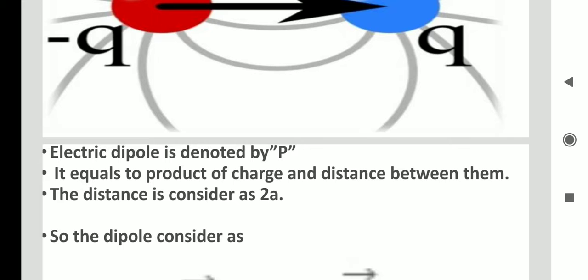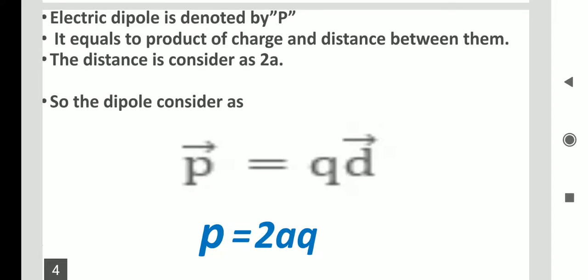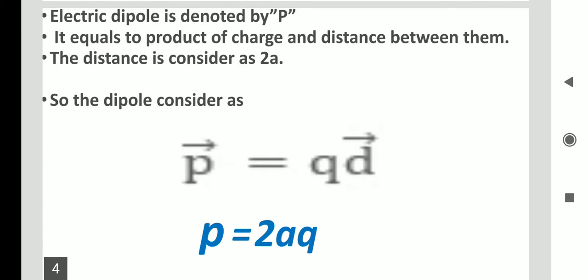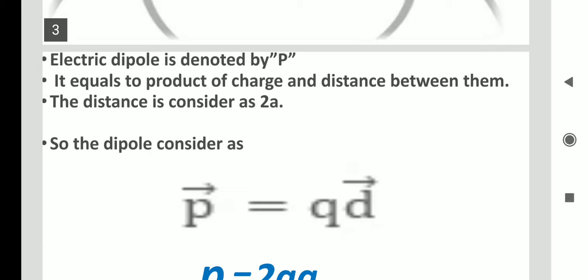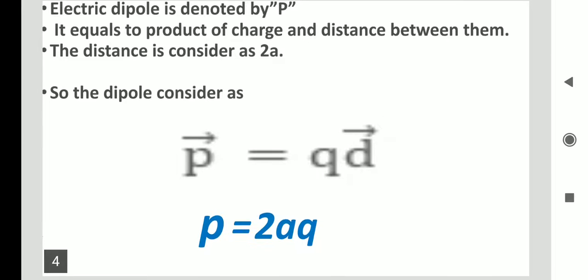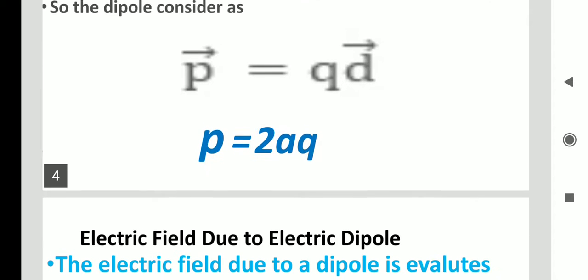The distance is considered as 2a, so the dipole p equals q times d, where d equals 2a, hence p equals 2aq. Here p stands for electric dipole moment, 2a is the distance, and q is the charge.